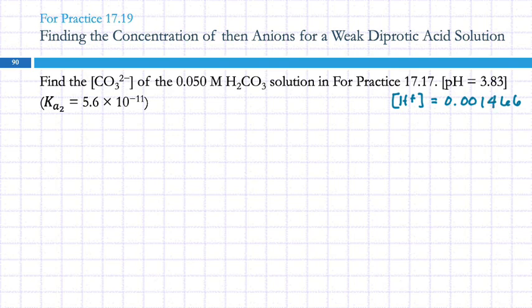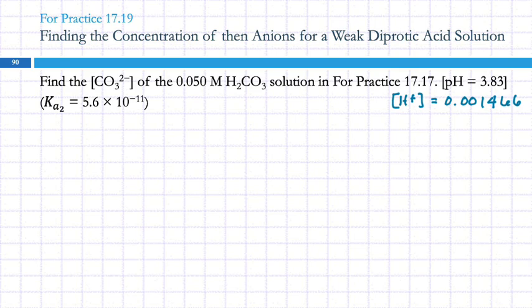So this is the result of us finding the hydrogen ion concentration so we could get the pH of this carbonic acid solution. So a couple of slides back, we worked that out. We did not do the second ionization because that equilibrium constant is so small that it wasn't going to matter.